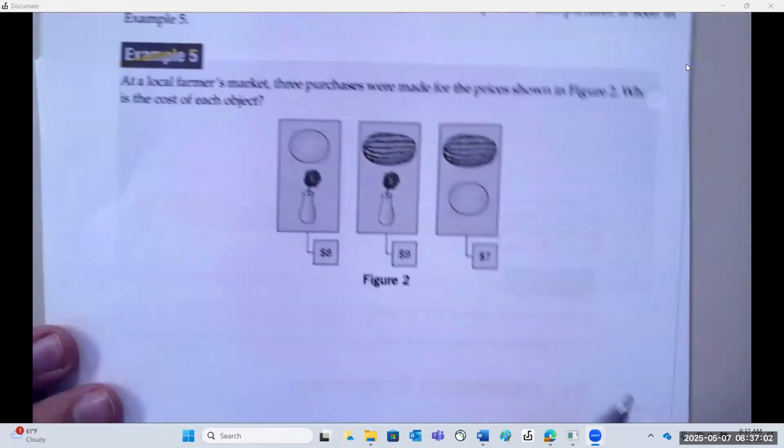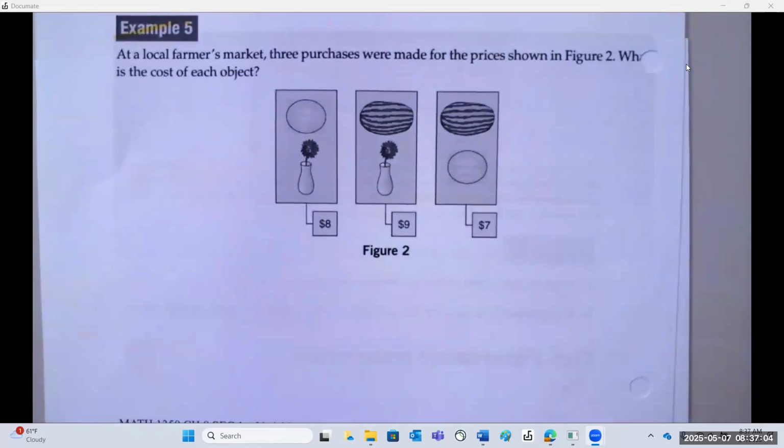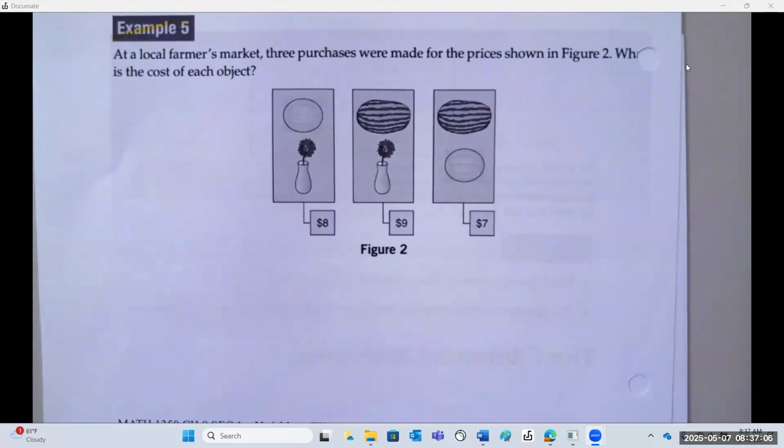So sequences can happen everywhere. And look at example 5. You don't have to have numbers to have equations. You can have pictures to define them. If you came in late, it's right here.